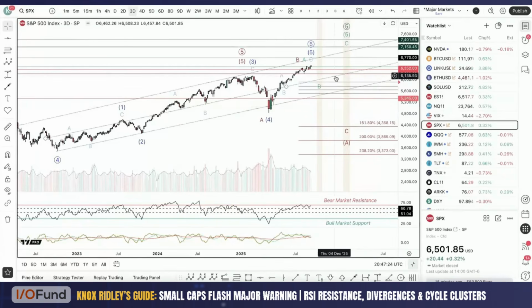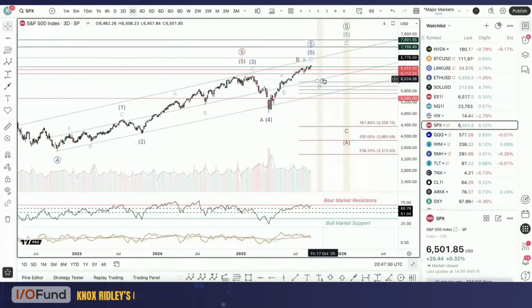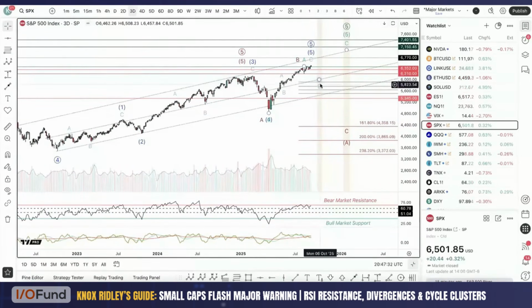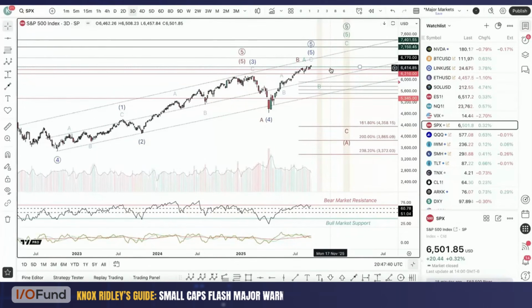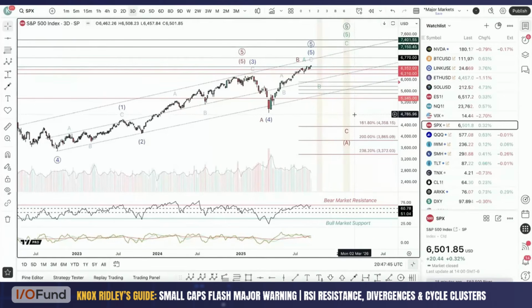Okay. Now, if we are topping, then the corrective bounce off of that first move lower will also be a 3-wave move, which will make a lower high. And that's going to be kind of your final attempt to prepare for things getting really bad.